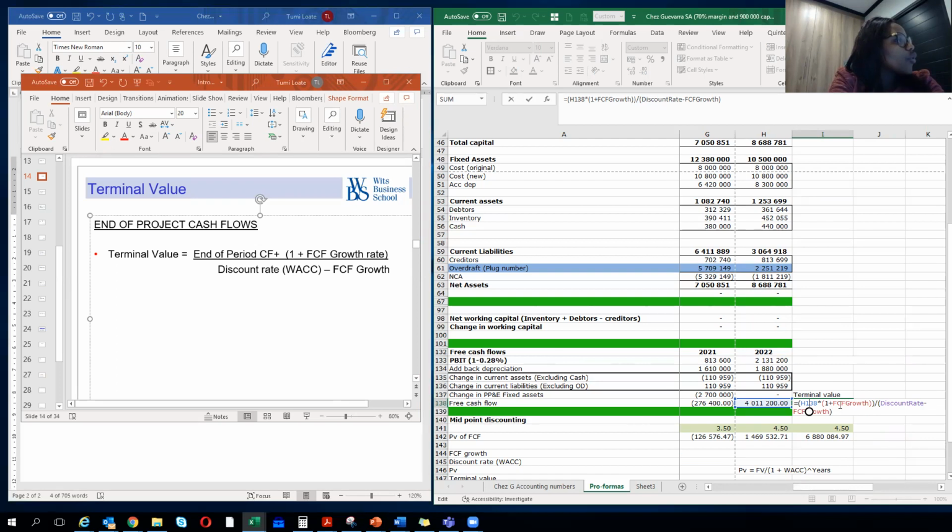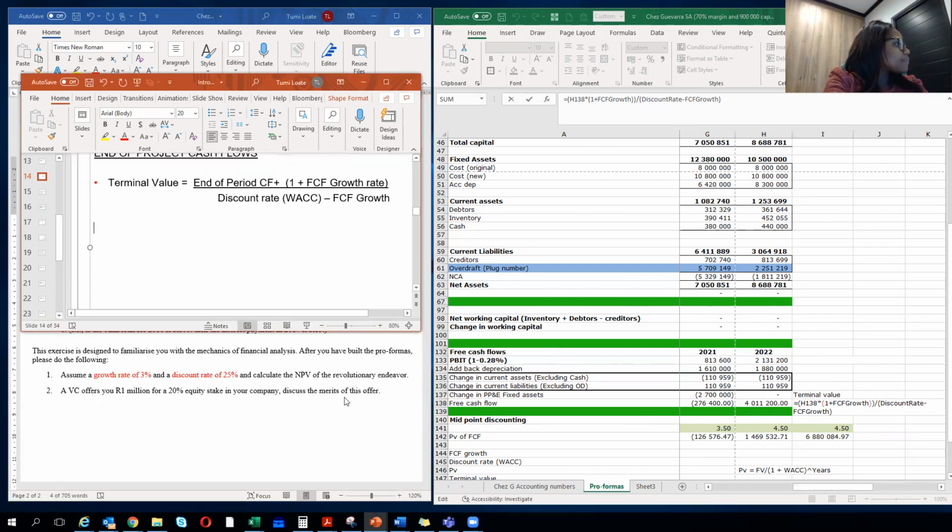Your free cash flow growth rate that was provided in the question, if you looked carefully, was 3%. And the discount rate you've been provided was 25%. So you basically are saying the 4 million times 1 plus 3% divided by 25% less the 3%.